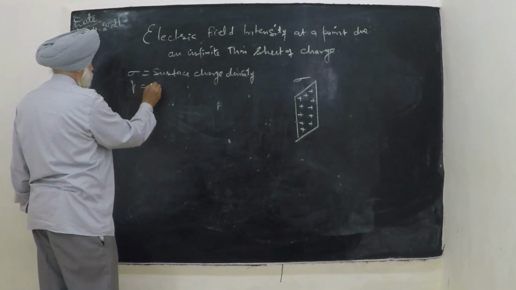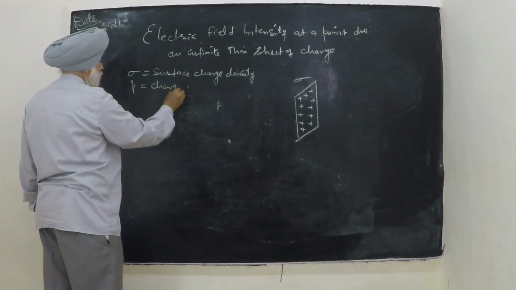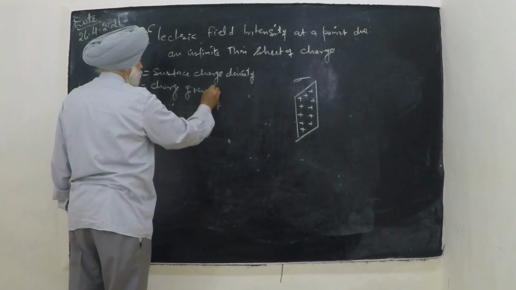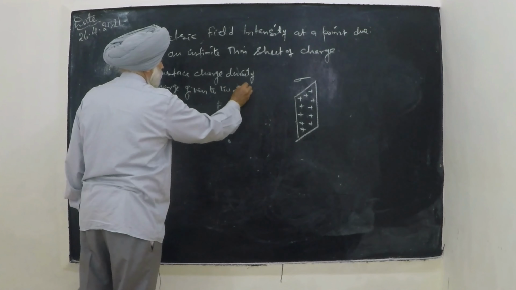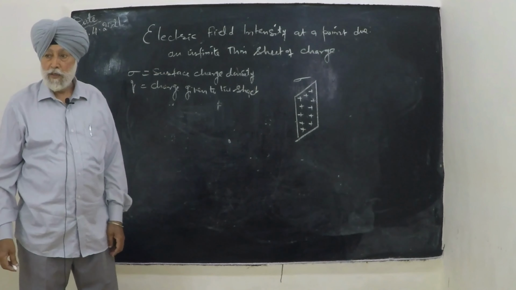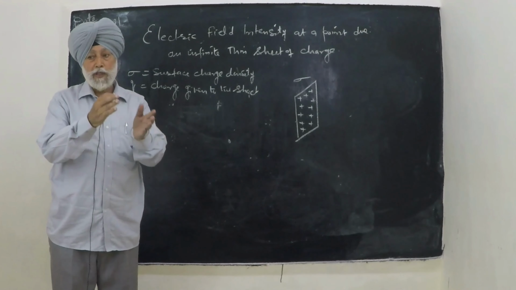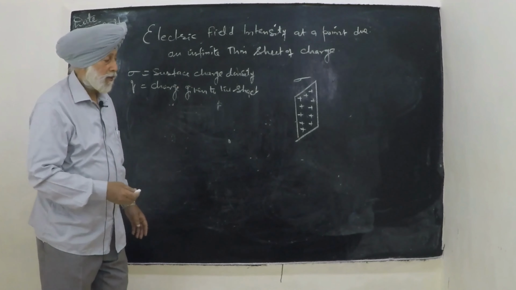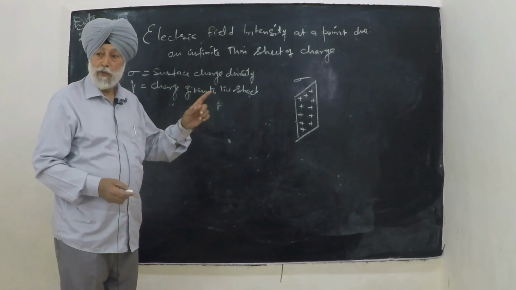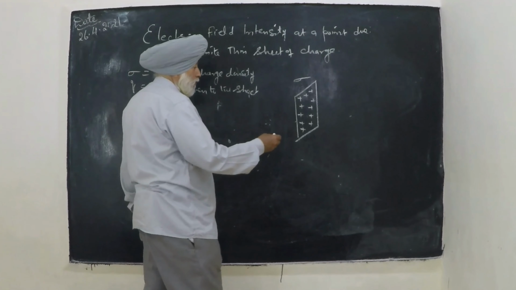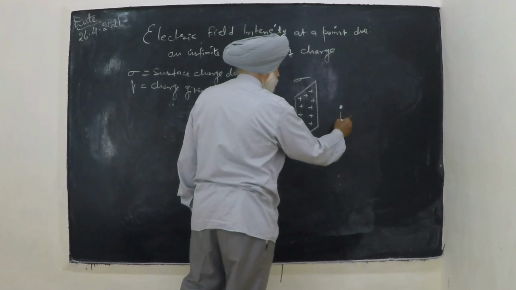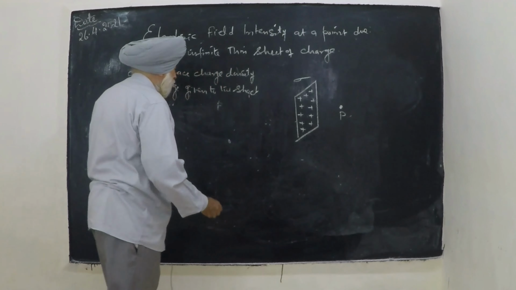Q is the charge, electric charge given to the sheet. Since the sheet is very thin, same charge spreads on the other side of the sheet, and you know that surface charge density is charge per unit area. Now we want to find the electric field intensity at the point P.